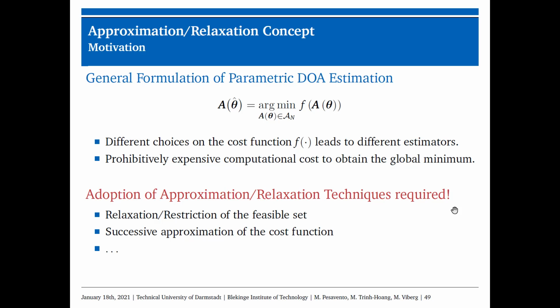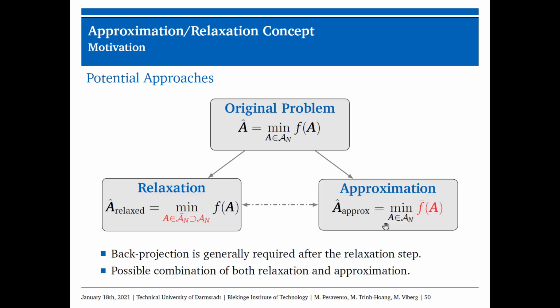As the feasible set is non-convex, we can modify it either by relaxing or restricting it to make the optimization problem somewhat easier. An alternative approach is to modify the cost function by successively approximating it by some upper bound functions. The relationship of these approaches is summarized in the following.